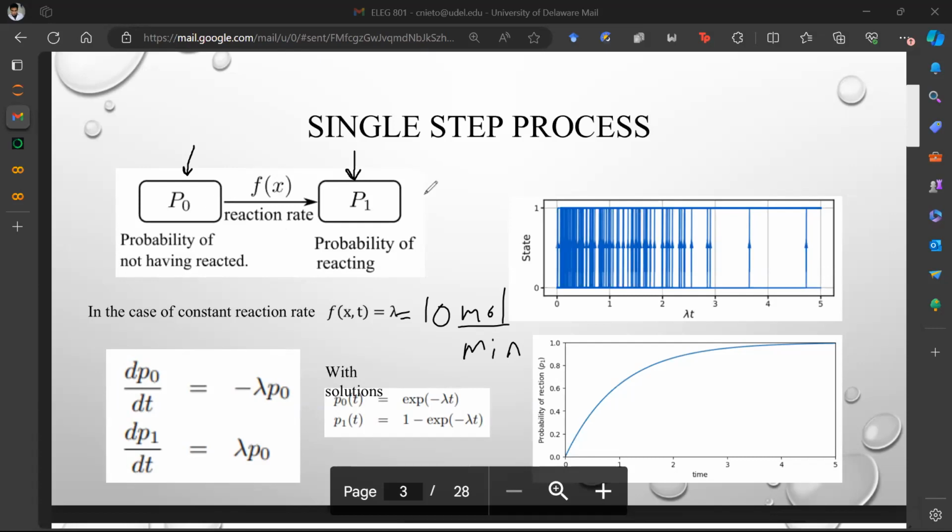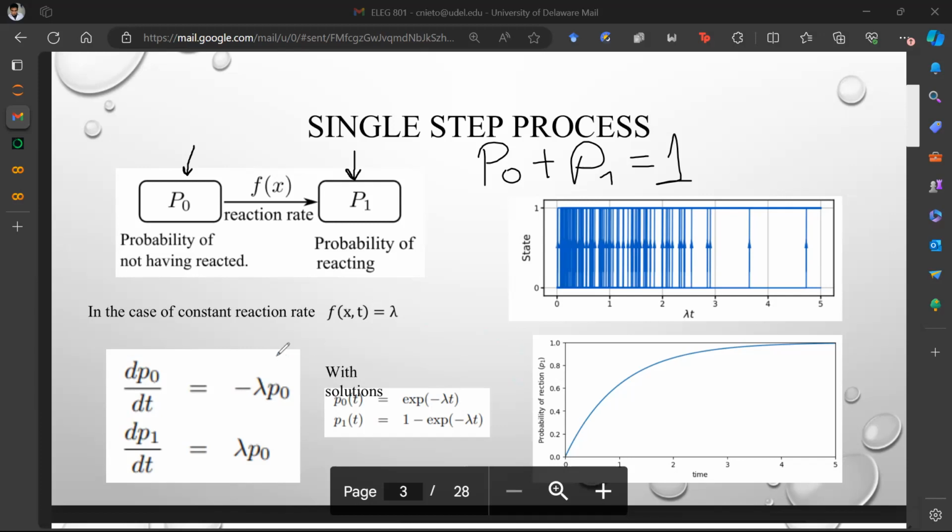So the definition of these probabilities is such that P0 plus P1 is equal to 1. We're going to use this property very frequently.